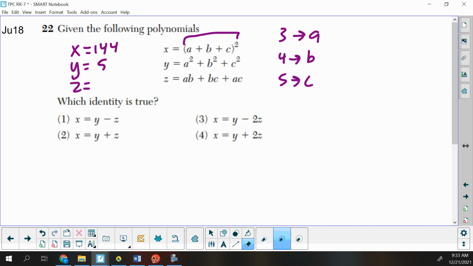So we should get 50 for y. And we should get 47 for z.